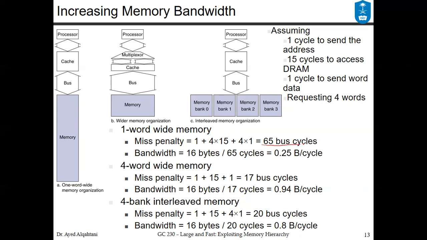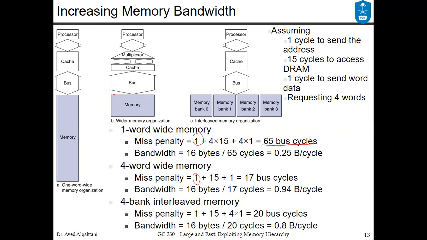So this is how we generate the cycles. Now for the 4-word wide memory, the miss penalty in this case, you will have the same single cycle for sending the address.